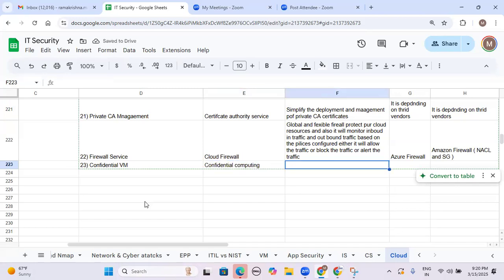It will encrypt data in use, whether at rest or in transit, with confidential VMs. Especially for the VM side, not at transit level, I can say at the rest level, because a VM cannot move here and there. So this is called data at rest level, encrypting data in use with confidential VMs. It's like data at rest encryption, like disk encryption, or a D drive, or whatever encryption we are doing for that particular virtual machine. So that is called confidential computing.